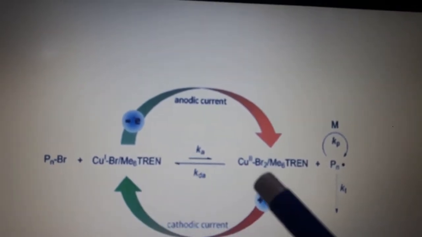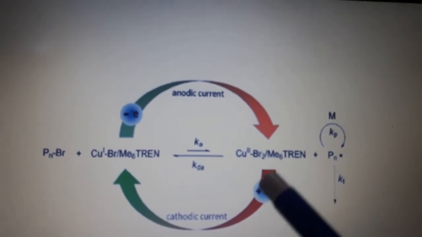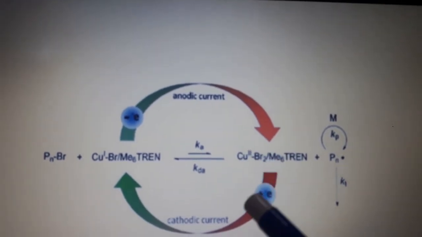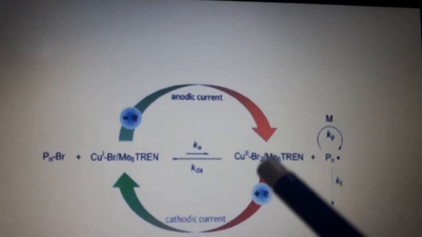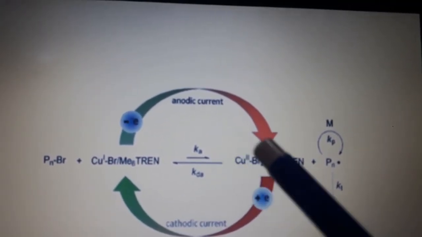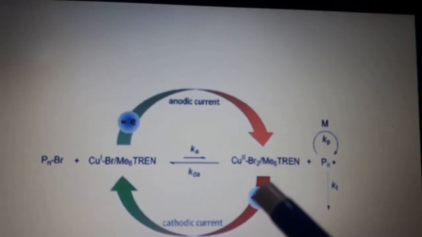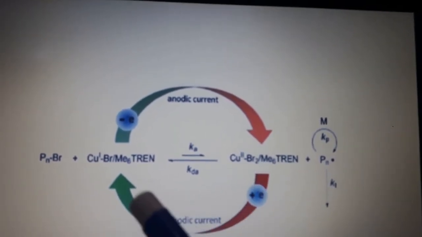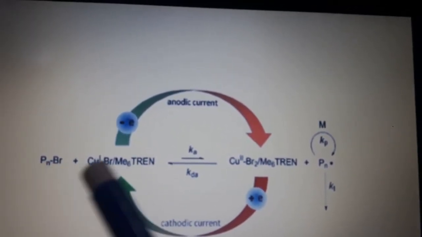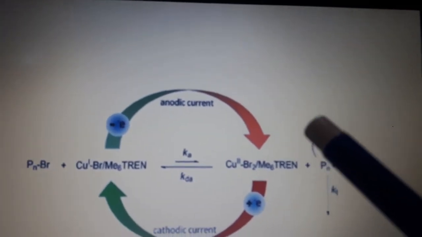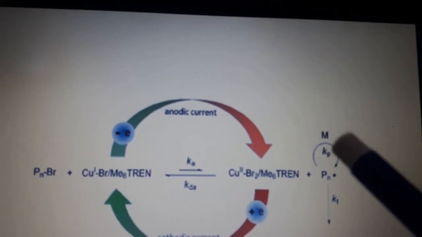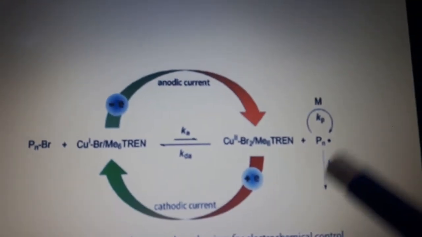Activator is produced when electrons are supplied to this deactivator. So this is anodic current, this is cathodic current. If you apply more negative potential, electrons are supplied to this deactivator and converted to activator, and this activator then initiates the polymerization by producing the free radical, and the free radical adds to the monomer, propagation is carried out, and we also have termination in the same way.